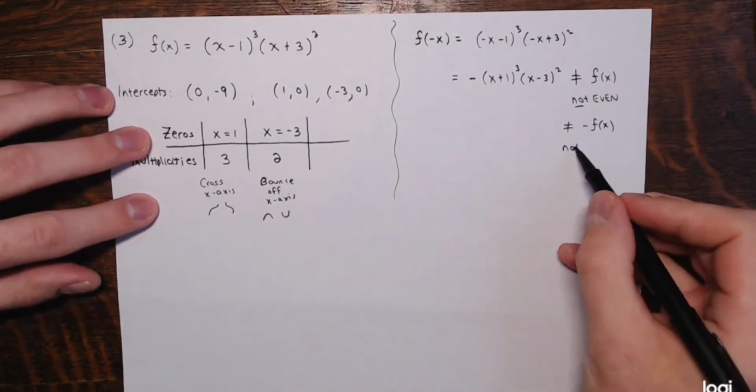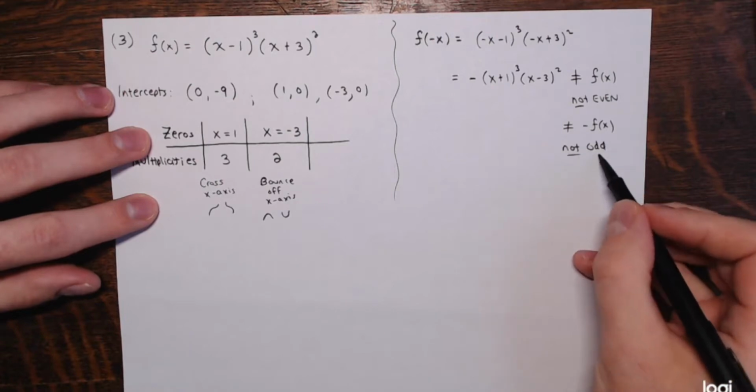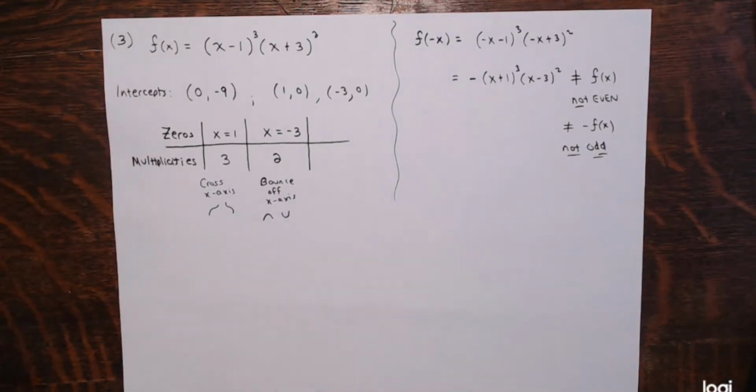So not odd either. And you're going to see that with all these examples actually. Part of the reason why I usually skip this part is because I don't see problems like this too often where there is symmetry of some kind. So not even, not odd, no y-axis symmetry, no origin symmetry. Let's keep that off to the side.